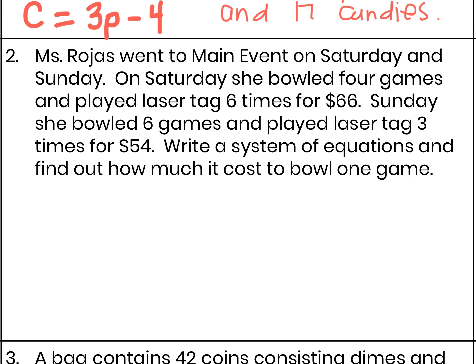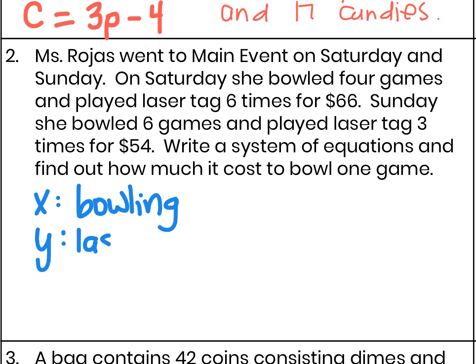So in the question, it's asking us for the cost of bowling, but we also have to factor in the cost of laser tag. So those are going to be our two letters. Let's use X to represent bowling and Y to represent the laser tag.